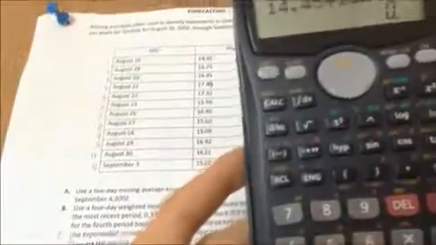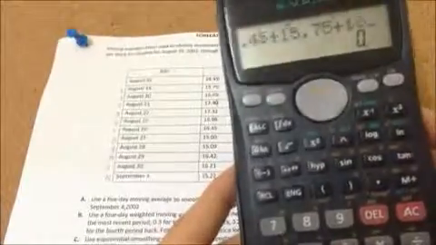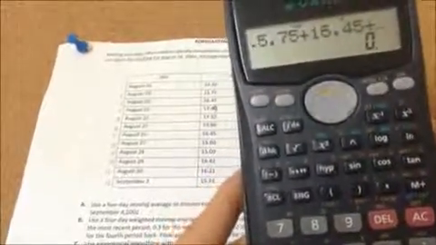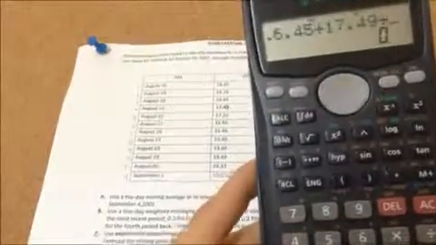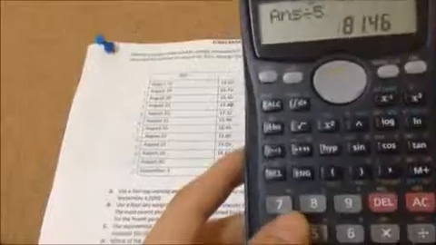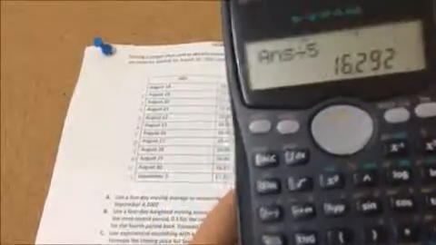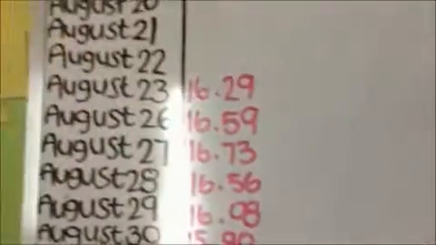So the first data is 14.45 plus 15.75 plus 16.45 plus 17.49 plus 17.32 and then divide it by 5. So the answer, we will place at the 6th line. So this is the 6th line.